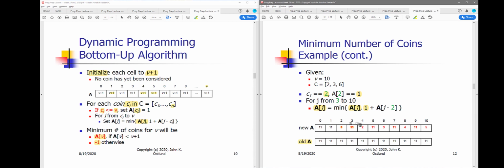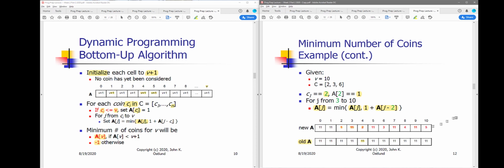Now, on the other hand, for 4 cents, the current value of a sub j is 11, but we can also make change for 4 cents by using 1 coin plus however many coins we needed for 2 cents. We only needed 1 coin for 2 cents, and so for 4 cents we need 1 plus 1, and that gives us our value of 2.